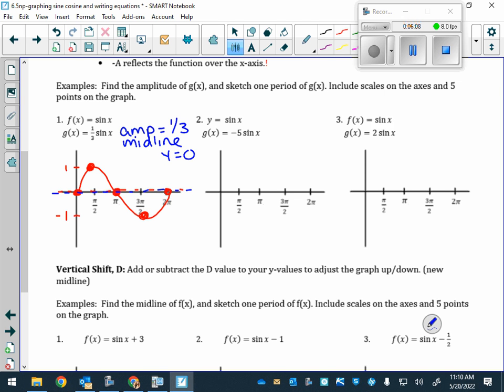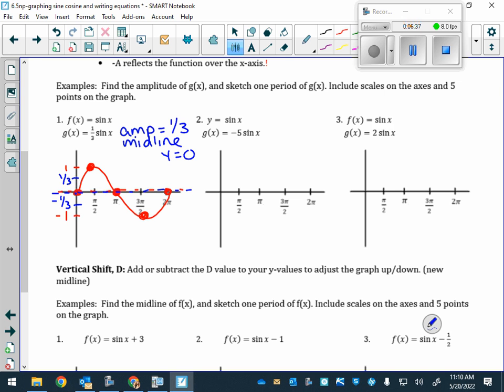However, my amplitude is 1/3. So from the midline, we count to our amplitude, which is 1/3, above and below. So my graph has to fall between those two bookends. Okay, so the distance from the midline to the max is your amplitude. All right, where do we start this graph?